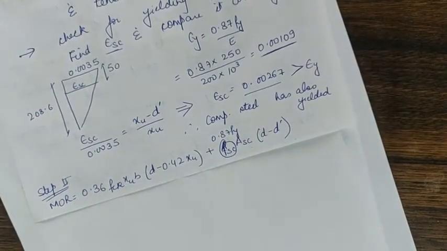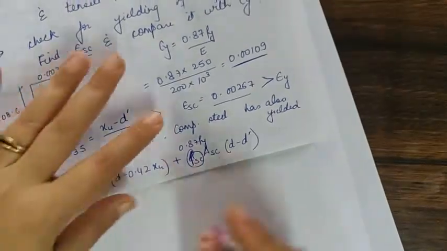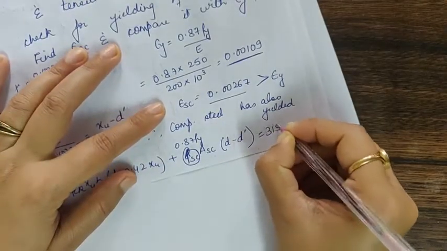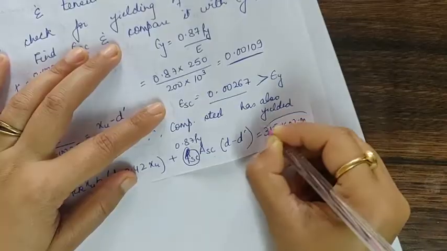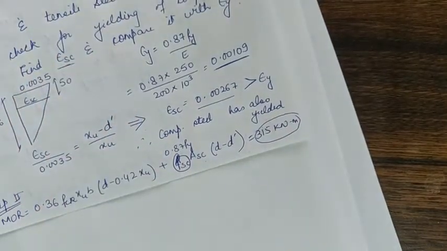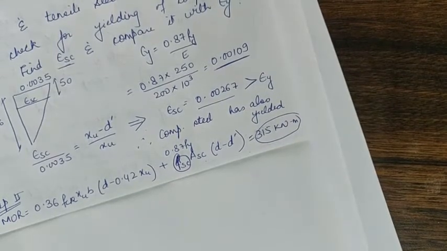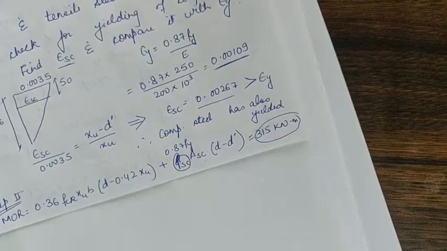So put all the values, and the moment of resistance will be 315 kilonewton meter. So moment carrying capacity of this section is 315 kilonewton meter. So this is how we analyze a doubly reinforced section.